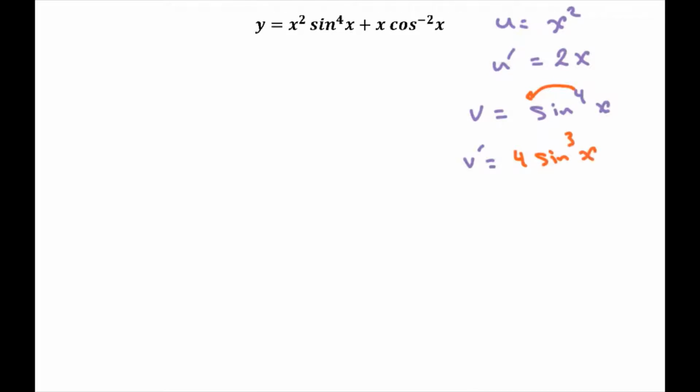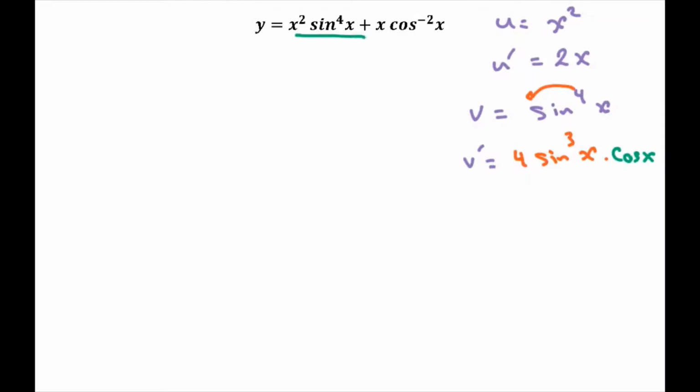So u equals x squared, u prime equals 2x. v equals sine 4x. Now v prime will be equal to, listen to this, I'm going to move the 4 down, reduce the 4 by 1. And now it's a chain rule where you need to find the inner function derivative, which is the derivative of sine. We need to know the derivative of sine, which is cosine x.